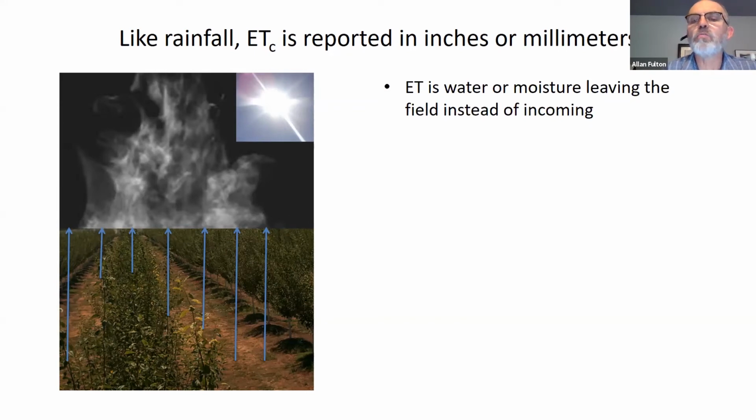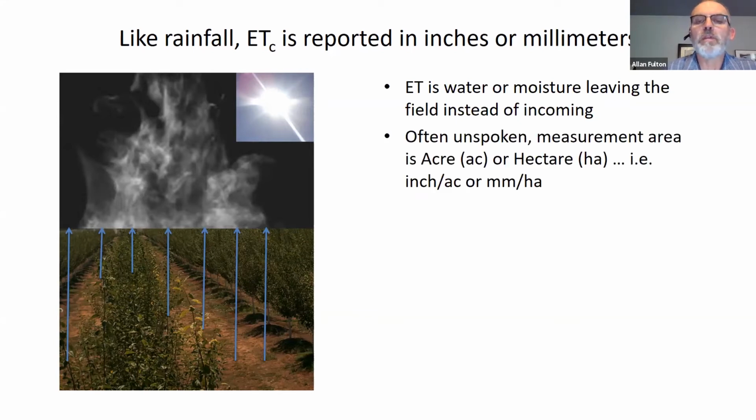ET is water or moisture leaving the field instead of incoming. It's often unspoken, but the measurement area is an acre, or in areas that use the metric system, a hectare. The complete unit of measurement is inches per acre or millimeters per hectare, but to keep it simple, we just speak in terms of depth, inch or millimeter.